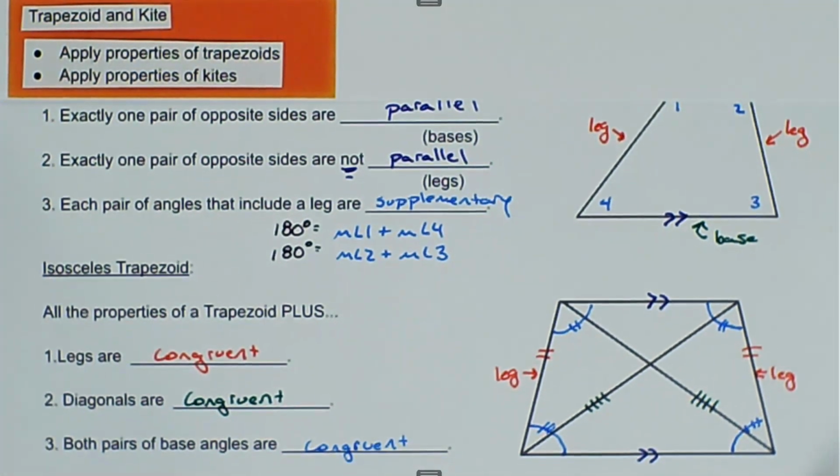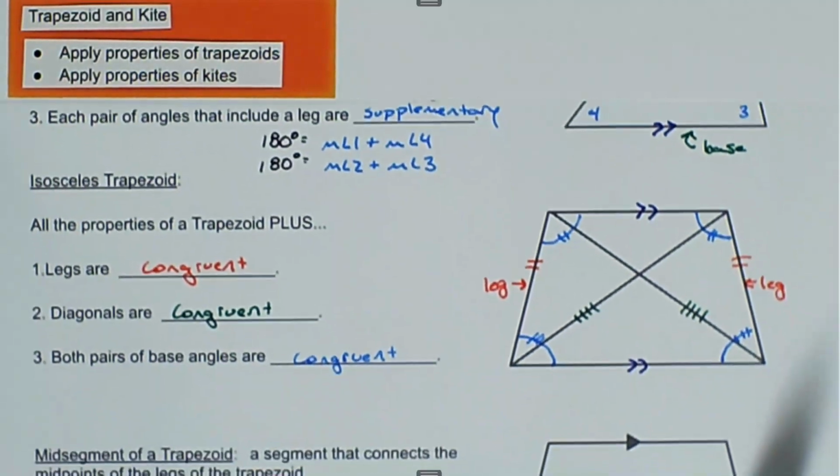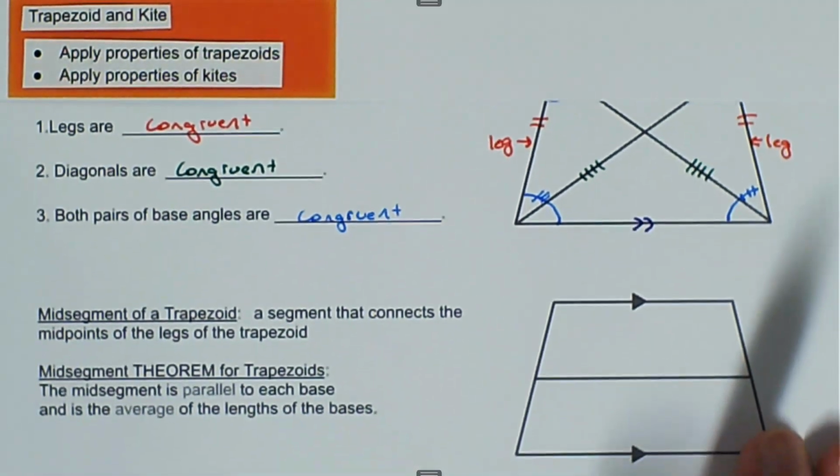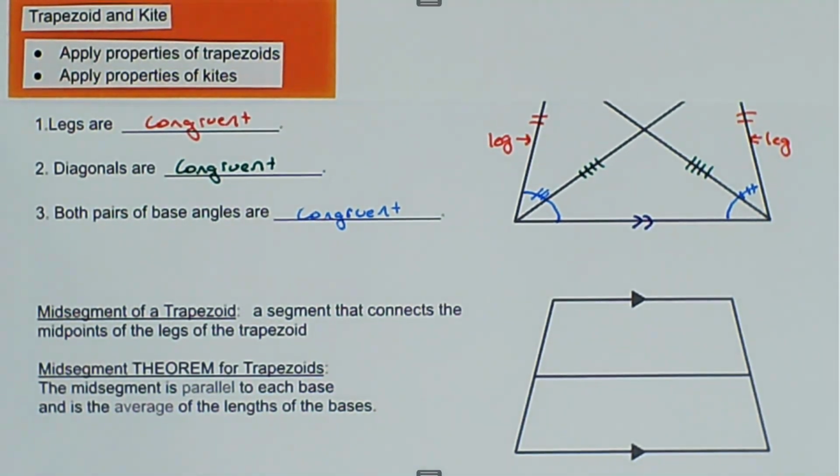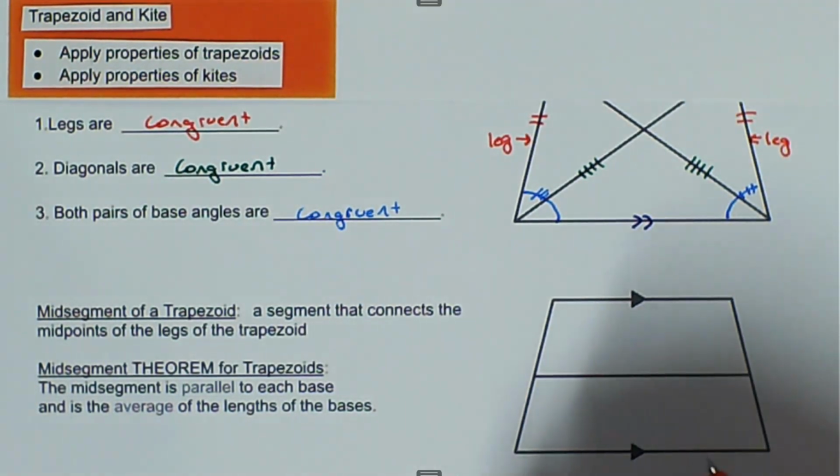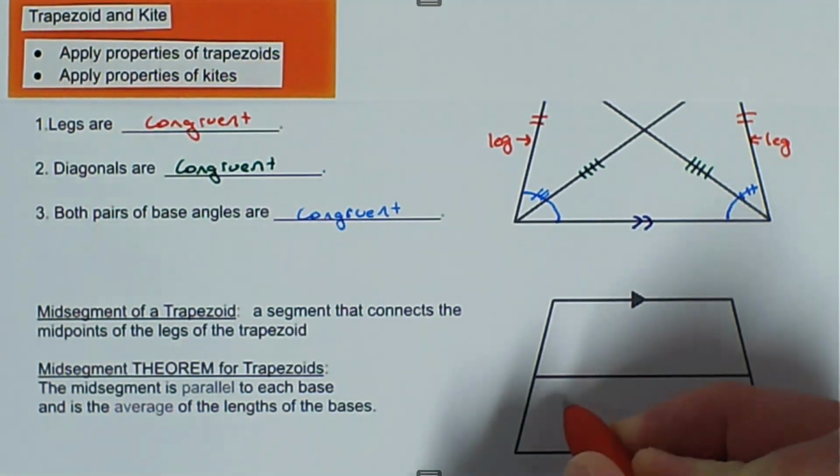A couple more things to talk about with regard to trapezoids. We have the mid-segment of a trapezoid, and that is a segment that connects the midpoints of the legs of a trapezoid. So in this case, our mid-segment is this section right here.